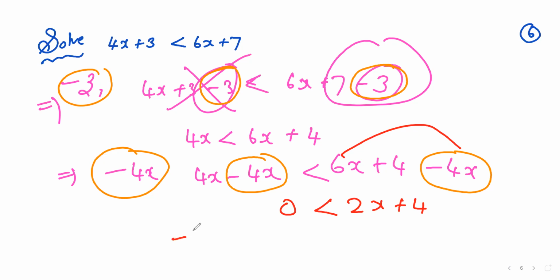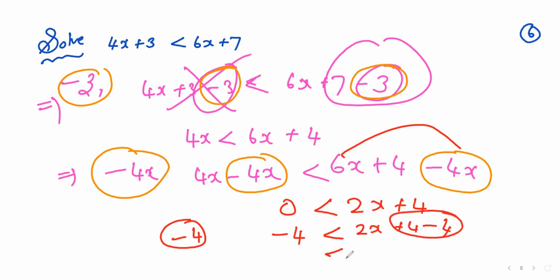Okay, now both sides minus 4. This is minus 4, zero. So just 2x is greater than minus 4. Both sides divided by 2.